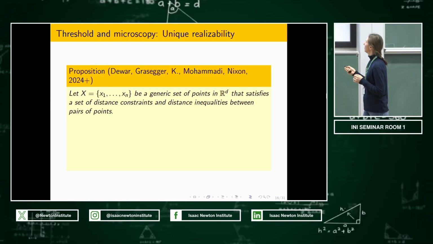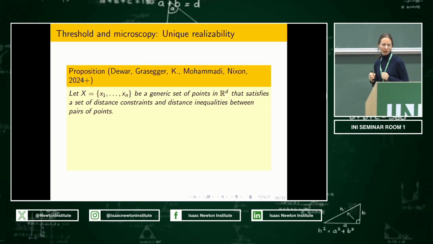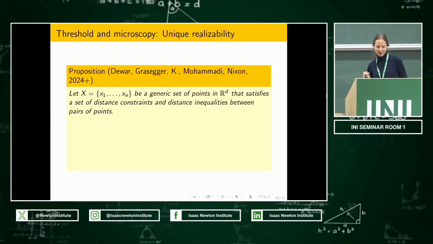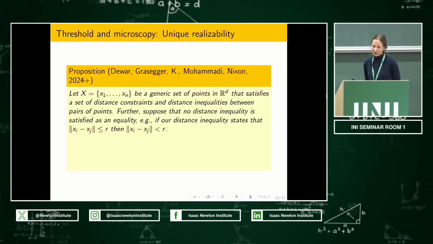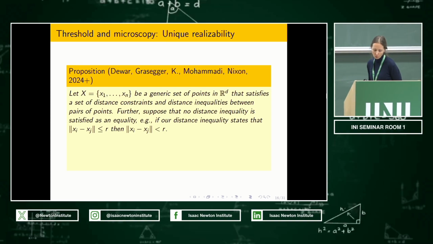And the situation is better now when it comes to unique realizations. So let X consisting of x1 to xn be a generic set of points in R^d that satisfies a set of distance constraints and distance inequalities between pairs of points. Then further suppose that no distance inequality is satisfied as an equality.